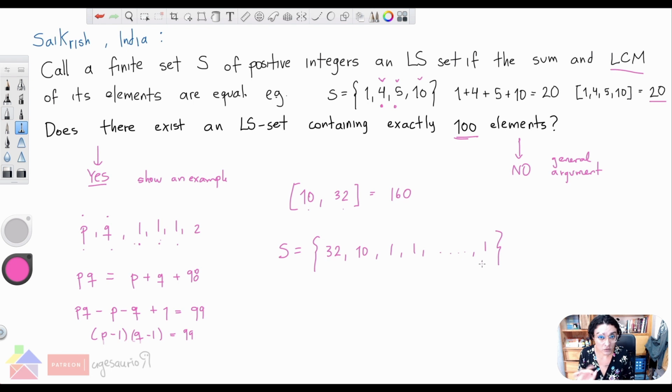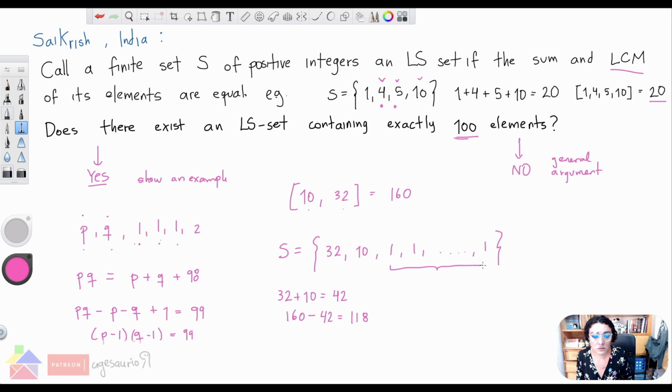This does not work, clearly, because 32 plus 10 equals 42, and 160 minus 42 is 118.